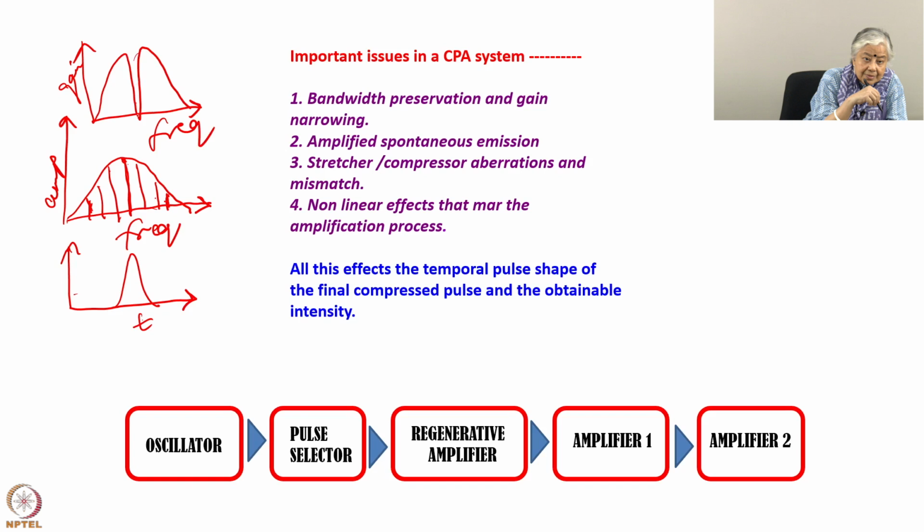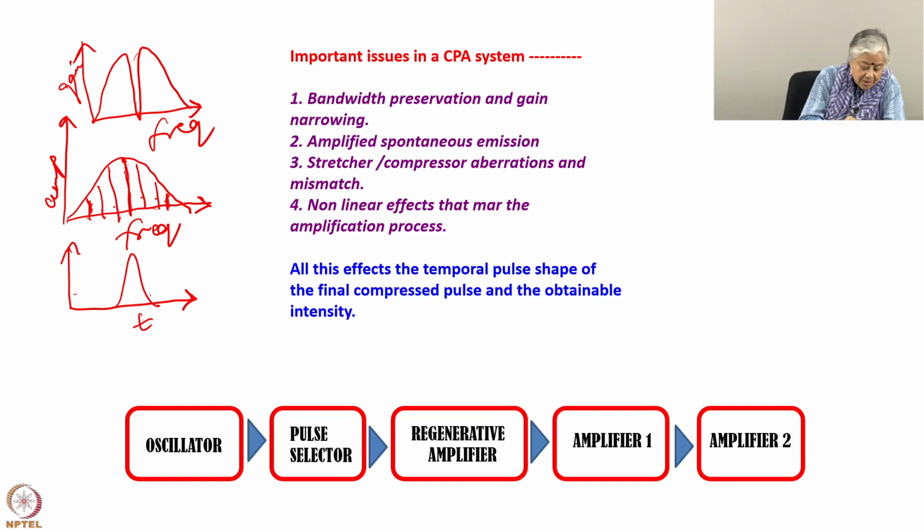They fill up that hole, so that when the pulse comes back again, it is able to get gain from this central part. But what has happened is that these frequencies on the wings have stopped growing. Only the central frequency is growing. And so each time your gain has narrowed down.